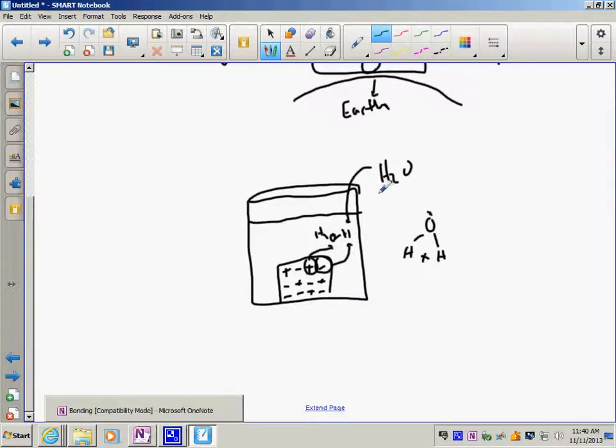A better picture would be, I'm going to draw a picture right here, where we're going to get our cations floating or huddling around this negative, and then the negatives will float around here. And eventually, these water molecules get completely saturated with ions, and then it simply can't dissolve anymore.